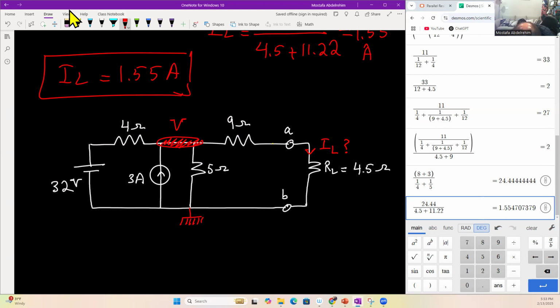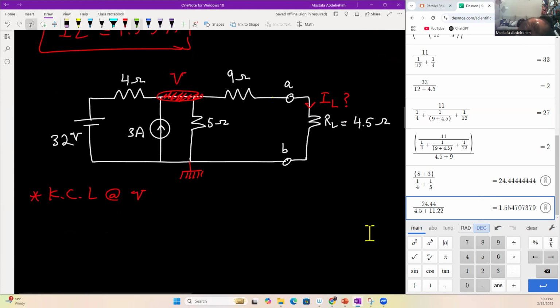So I'm now going to apply Kirchhoff's current law at node V. Let's see what kind of currents we have. We have this current, let's assume it is going this way. This current is 3 amperes going this way. I'm going to assume this current is going down and this current is also going down, which is IL.